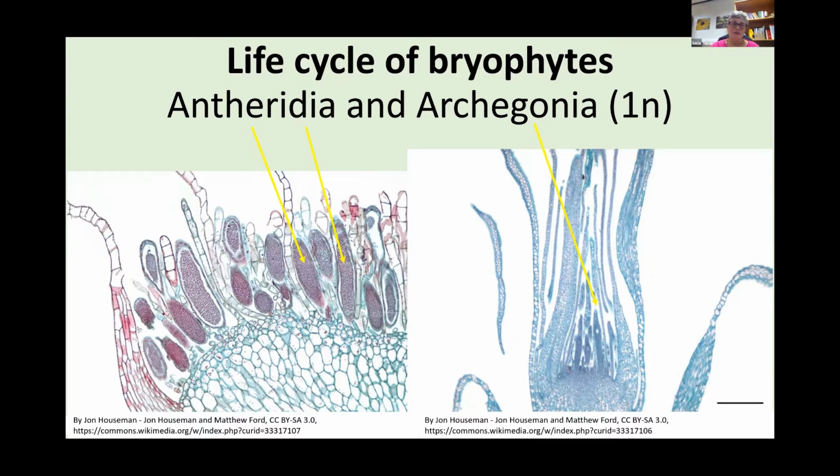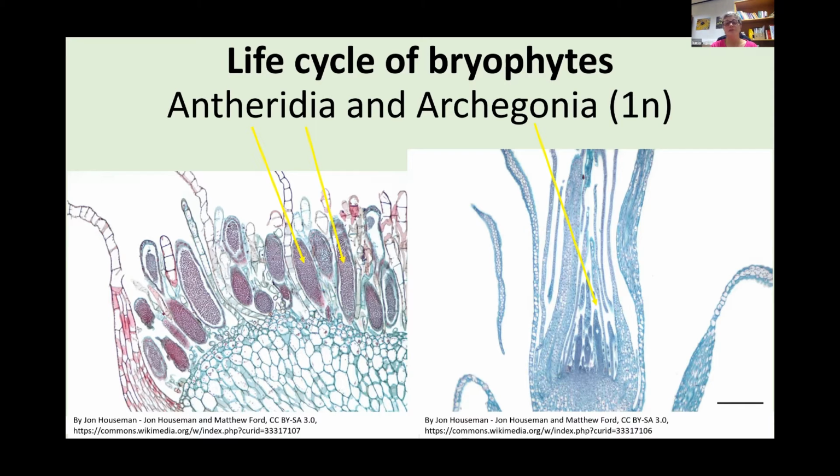Once the gametophyte has grown enough and has decided that it's time to reproduce, it will produce antheridia and archegonia. These are the gametangia that produce the gametes. They are, of course, really tiny and really difficult to see, particularly the archegonia.